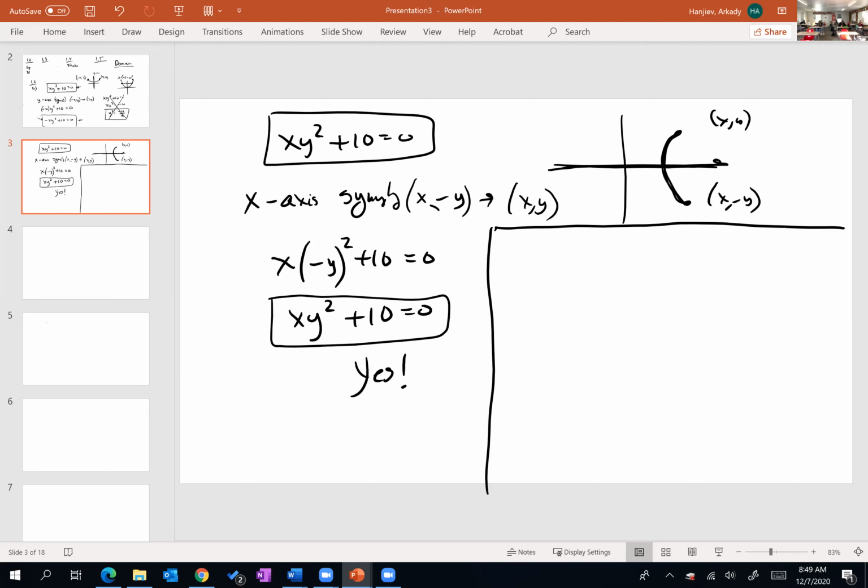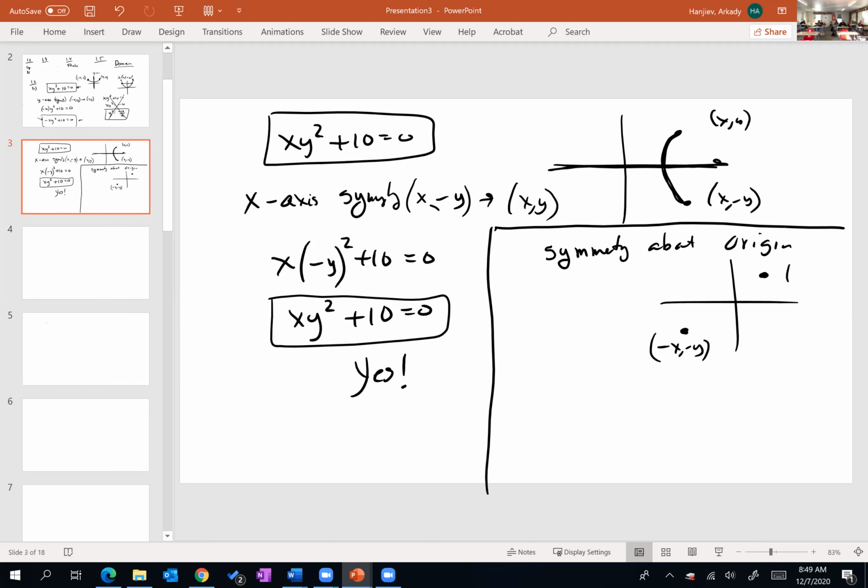Next one is symmetry about the origin. Symmetry about the origin means if you have something here or down here, negative x, negative y would give you the same thing as a positive x, positive y. Maybe a good example would be x cubed. It goes like this.